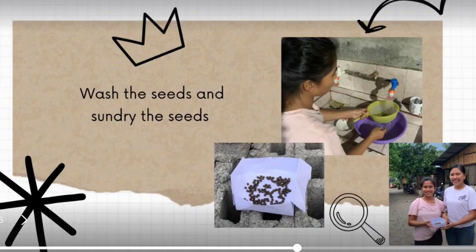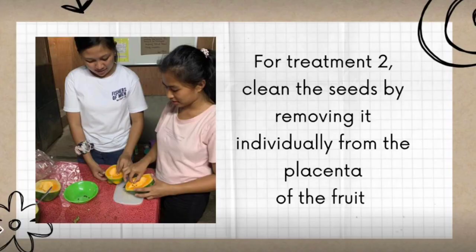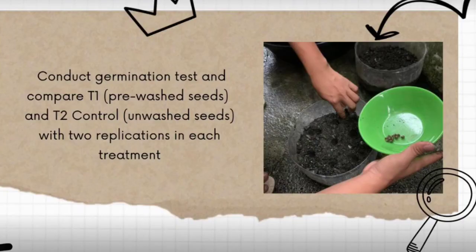Then wash the seeds and sun dry them. For treatment 2, clean the seeds by removing them individually from the placenta of the fruit. Conduct a germination test and compare T1, the pre-washed seeds, and T2, the control with washed seeds, with 2 replications in each treatment.